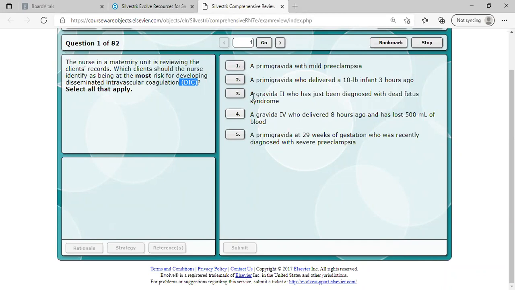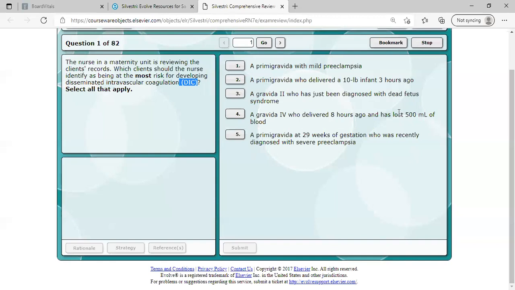Let me read number 3. A gravida 2, right, who has just been diagnosed with dead fetus syndrome. So the mother already had 2 pregnancies. Unfortunately, she was diagnosed with a dead fetus. So there is a chance to develop blood clots inside the uterus, right?